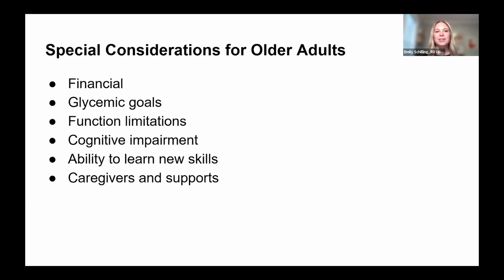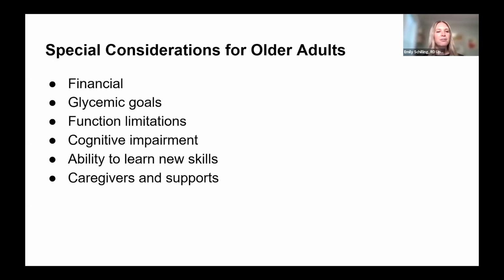We want to consider glycemic goals. So for older adults, these might be liberalized. Maybe instead of a goal A1C less than 7, our goal is to have an A1C less than 8. And we are always prioritizing reducing hypoglycemia in this population.